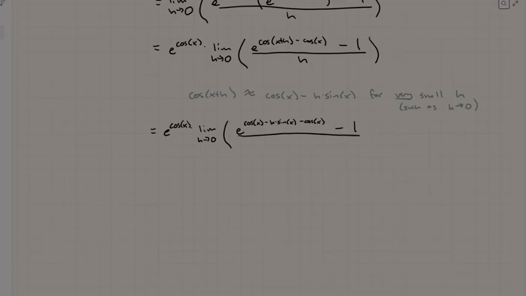And then that's minus 1, and it's all over h. Now notice in the exponent, we've got plus cosine and minus cosine. So that will cancel. So then that leaves us e to the power of cosine x times the limit as h goes to 0 of e to the negative h times sine x minus 1 over h.